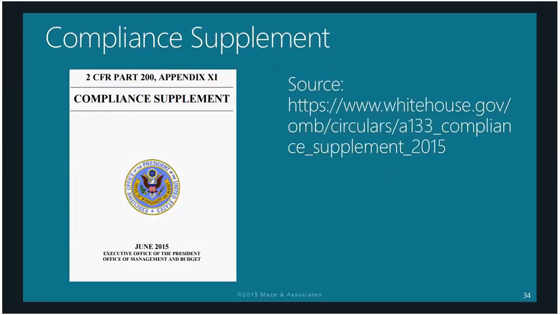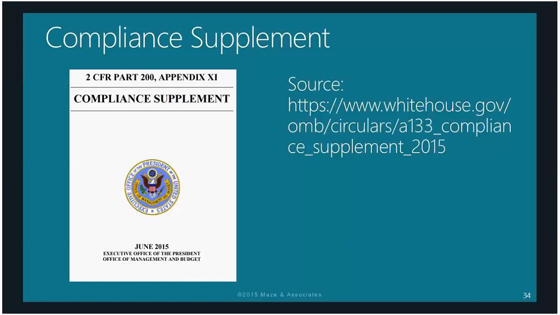The compliance supplement here is the most updated one. The OMB has finally issued the final version of its compliance supplement, and I included a link here which everyone can have access to. Just make sure that you are using the correct year's supplement. If you are auditing a prior year single audit, then this may not be the appropriate compliance supplement to utilize.